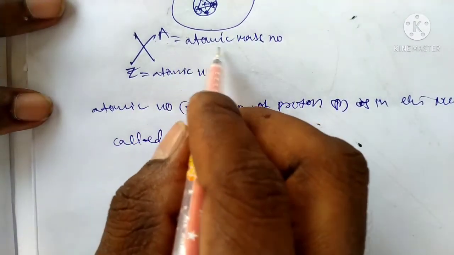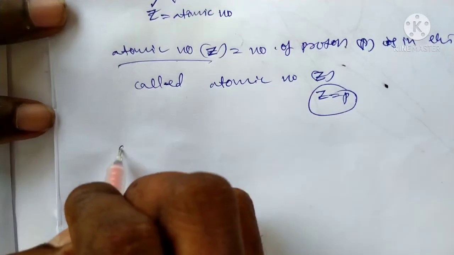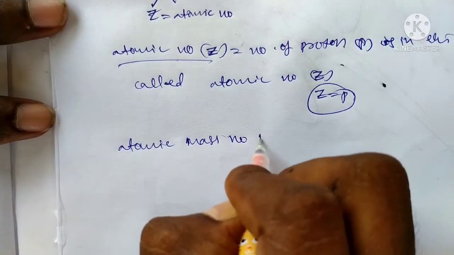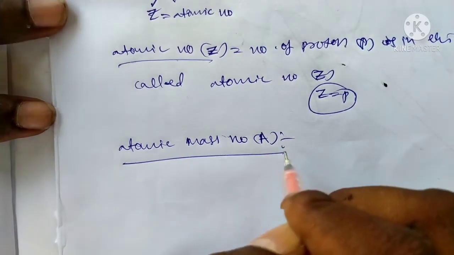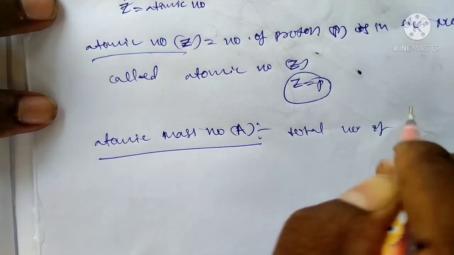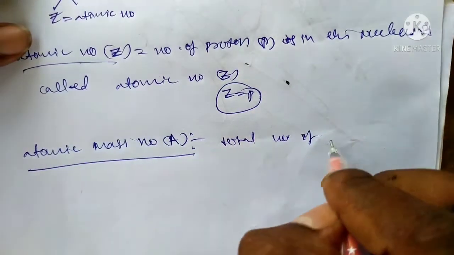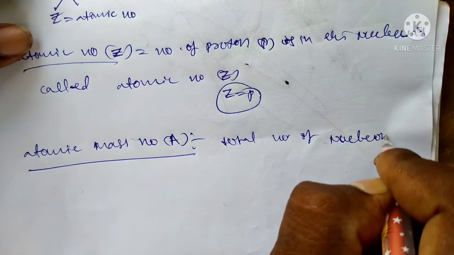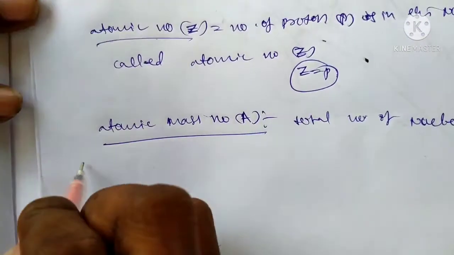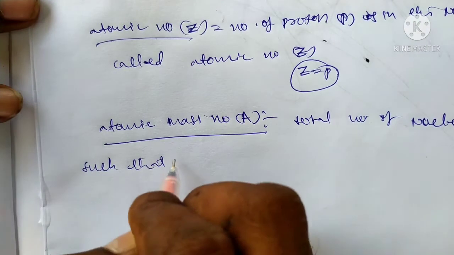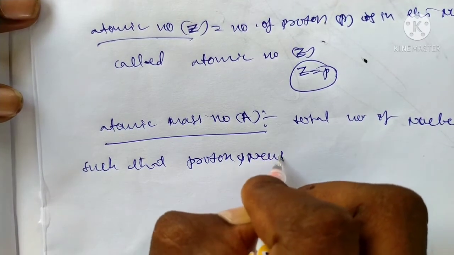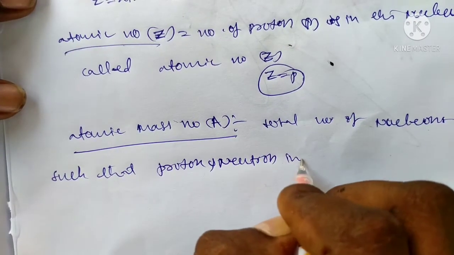Next, the atomic mass number, denoted by A. What is the atomic mass number? It is the total number of nucleons in the nucleus, that is, protons and neutrons inside the nucleus.